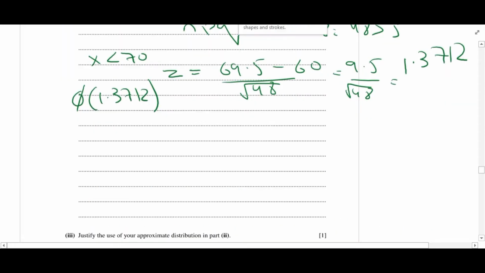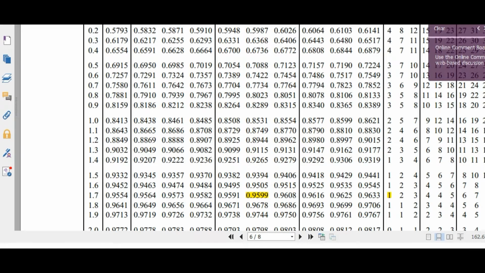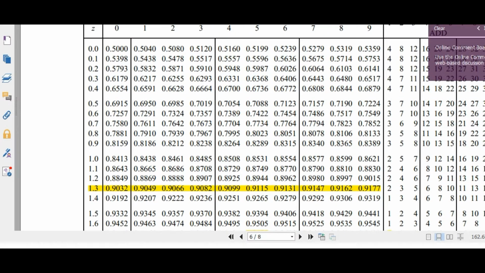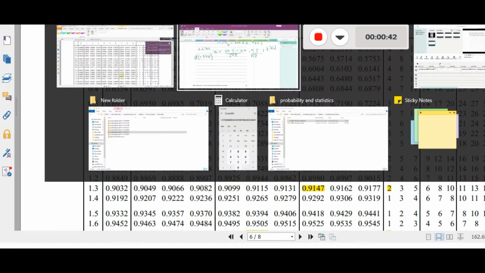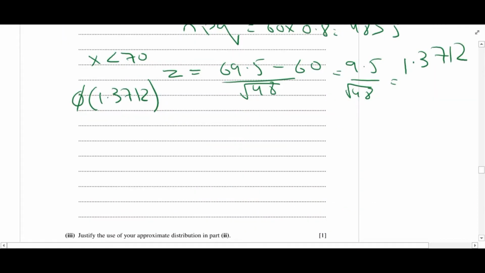This is our formula sheet. So this is 1.3, and then 1.37.